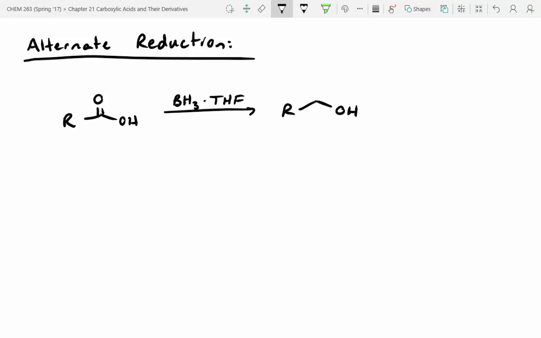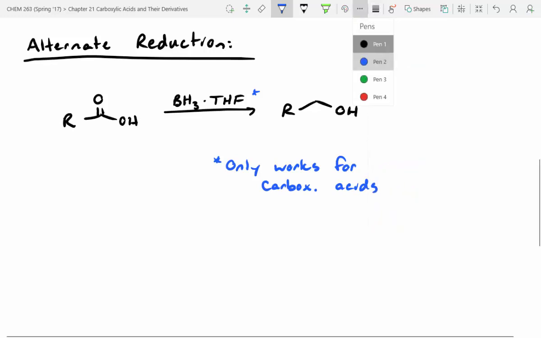So you're going to convert it into a good leaving group and then reduce it from there. The neat thing with this is that this only works for carboxylic acid. So it's not universal. And this can be handy sometimes.